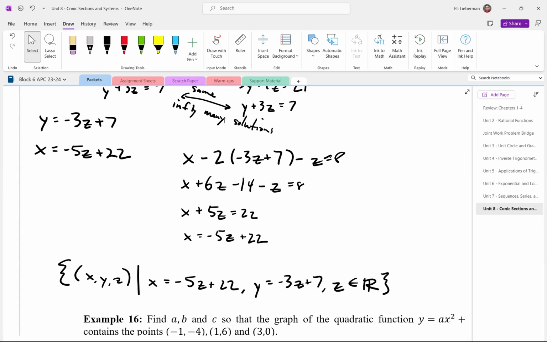So we had y in terms of z, but it could have been x in terms of y or anything. In this case, it was y in terms of z, which means we just needed to find x. So I took my y expression and plugged it into any one of the equations. We use the easiest one to solve for that third variable, so that you'd have expressions for x, y, and z.